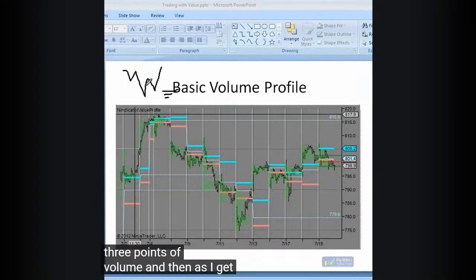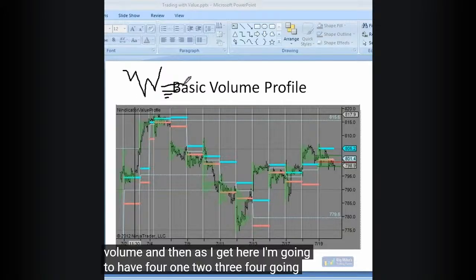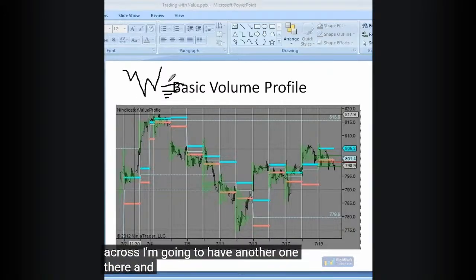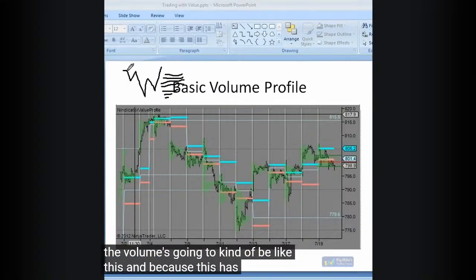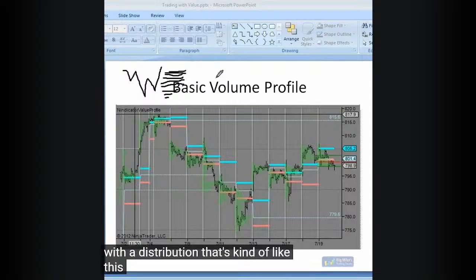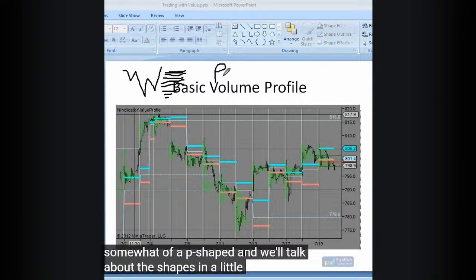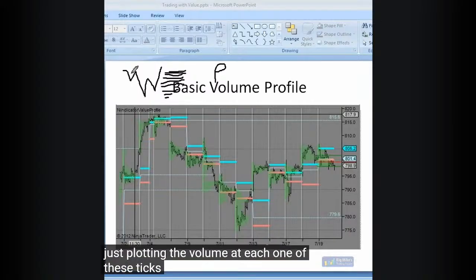Then as I get here, I'm going to have 4, 1, 2, 3, 4 going across, and another one there. And as I get up in here, the volume is going to be like this. Because this has all this volume up on top, I'm going to end up with a distribution that's kind of like this, somewhat P-shaped. We'll talk about the shapes in a little bit. But that's essentially what it's doing, just plotting the volume at each one of these ticks throughout this period of time.